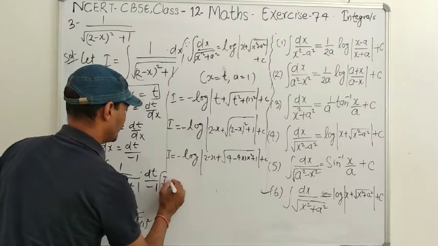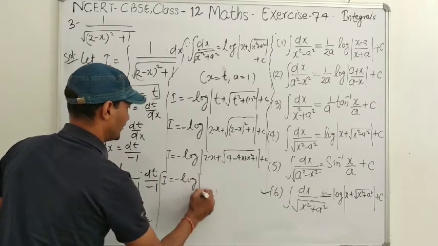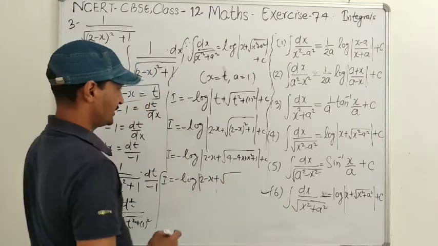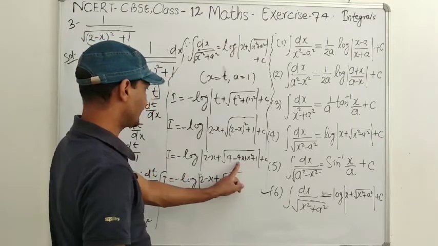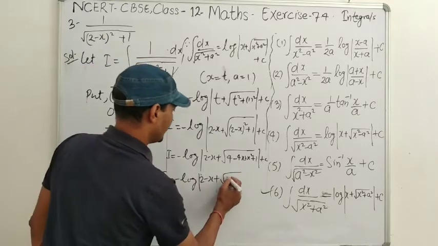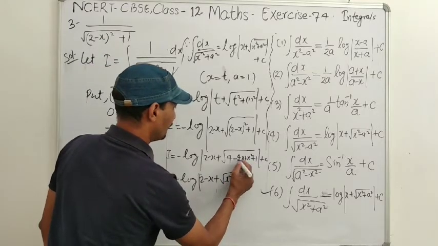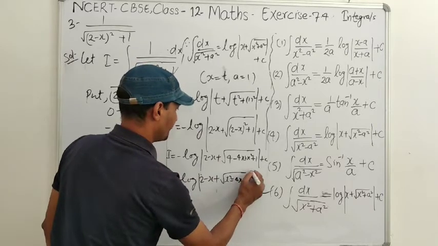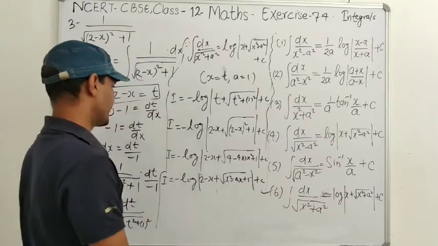Now y equals minus log of 2 minus x plus root over x square minus 4x plus 4 plus 1, that is 5, plus c. So it is the answer.